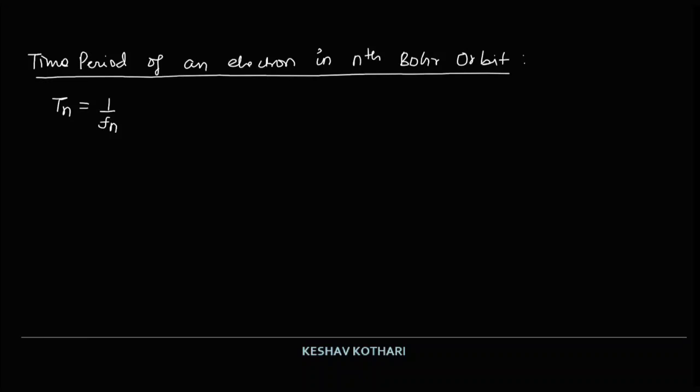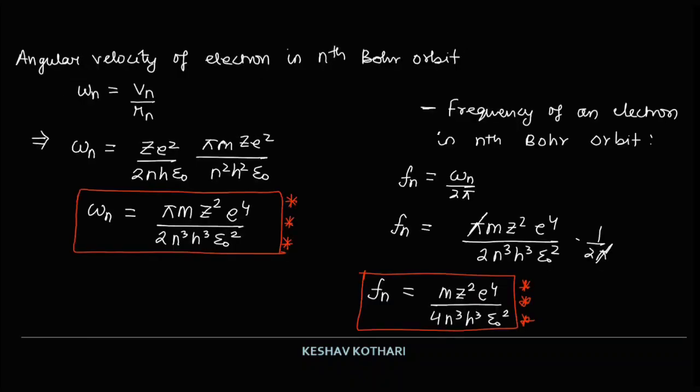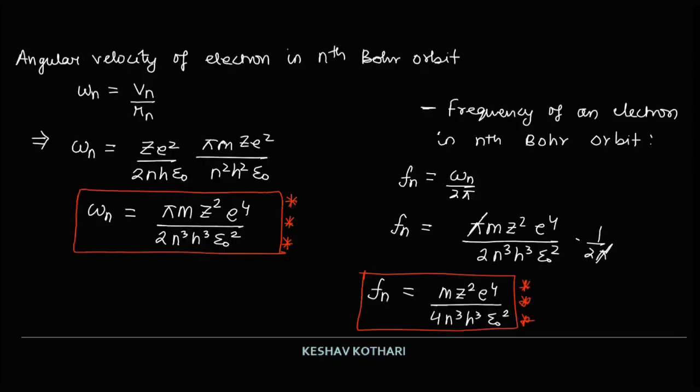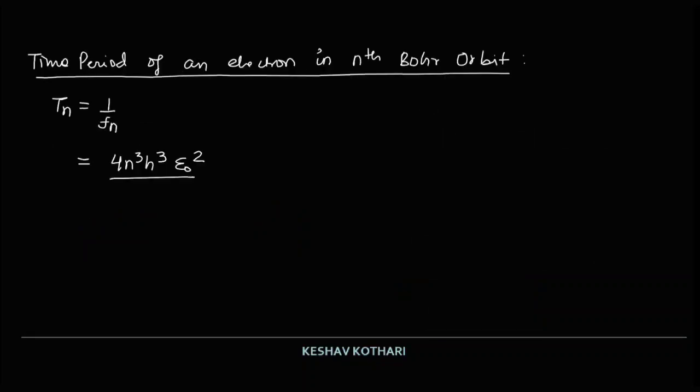If we just reverse the equation that we have attained previously, we can quickly get the value for the time period. That is, 4 n cube h cube epsilon naught square upon m z square e to the power 4. So this is the expression for the time period for the nth Bohr orbit.